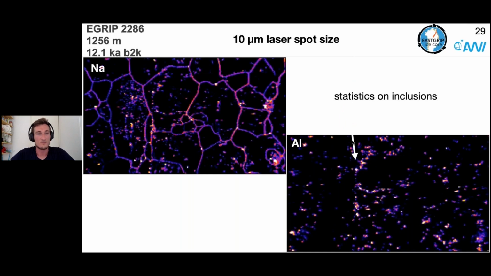And therefore, it is especially interesting to go towards a very high resolution, to have this really small laser spot size, 10 micrometers, the lowest we could go so far, because then, and also at some other samples with higher laser spot sizes, we can really see those inclusions.